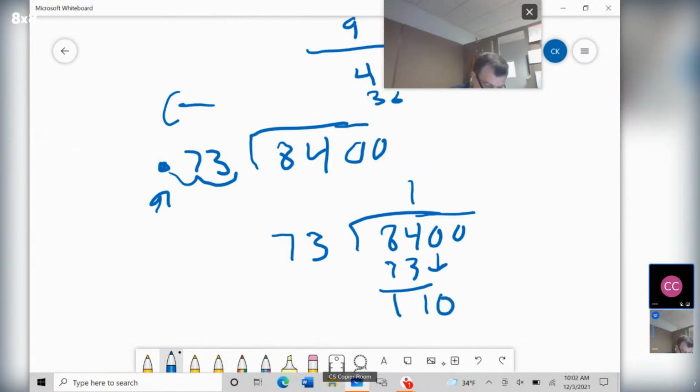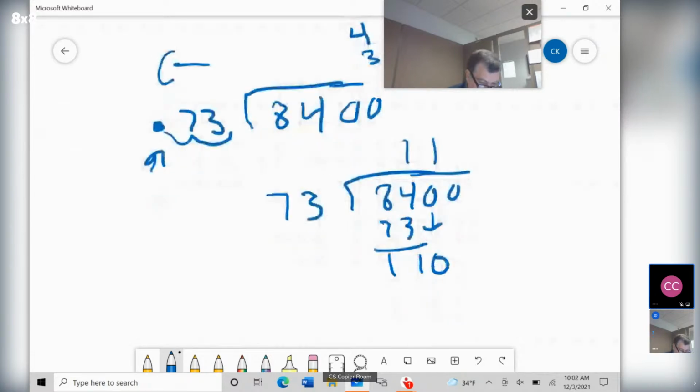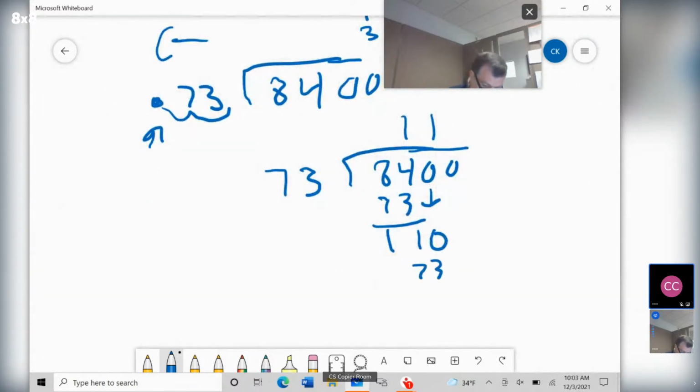And then we know it's going to go 1 time again, and then it's 1 times 73. That's 7. Did I do that right? 37, yep. And then what we would do is bring another 0 down. And 73 goes into 370, let me see, 5 times.